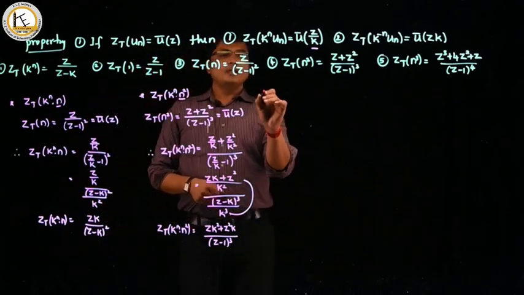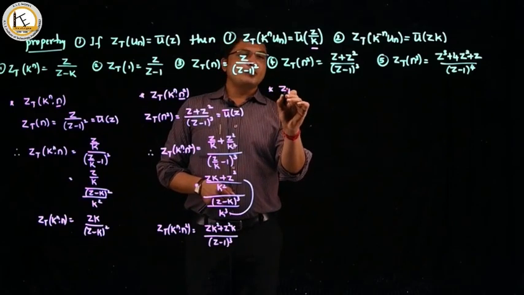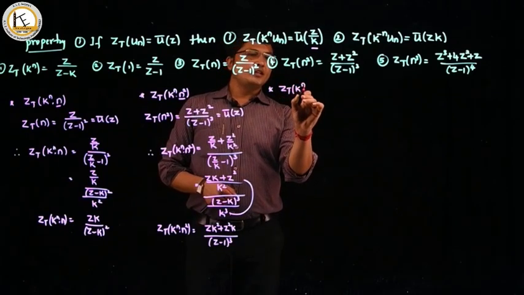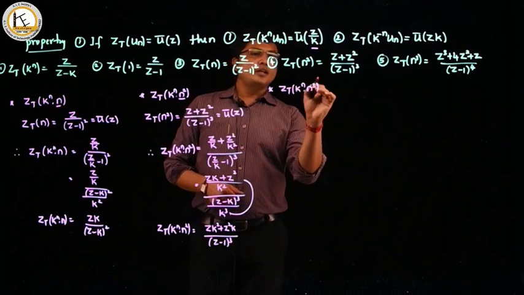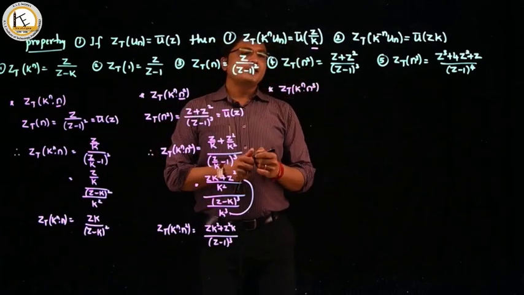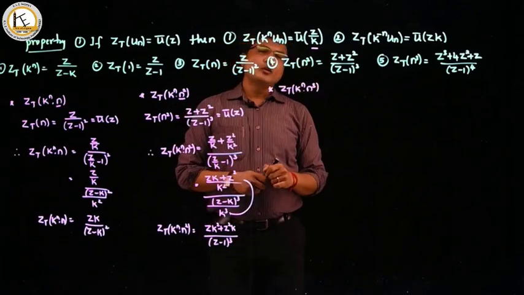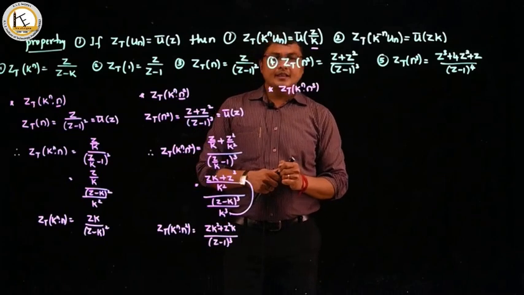In a similar fashion, we find the Z transform of k raised to n into n cube. So again we compare this k raised to n into n cube with this k raised to n into u n. Obviously u n is nothing but n cube.